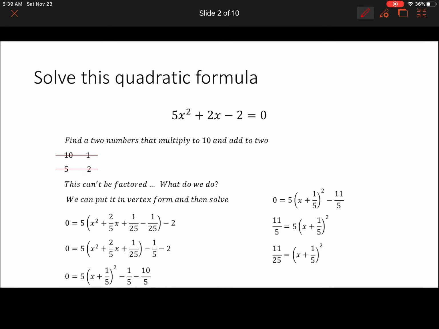And then what do we do? We divide by 5. Divide this side by 5, and divide this side by 5 times 1 over 5, which becomes 11 over 25. It's the only change done there. Then we have to square root both sides.